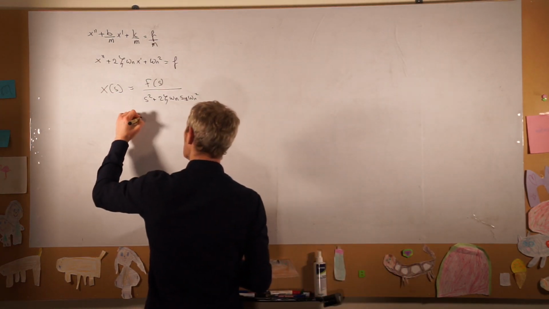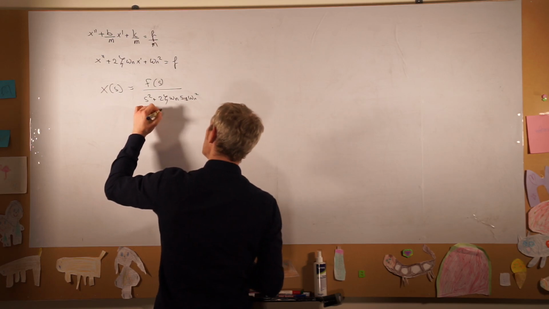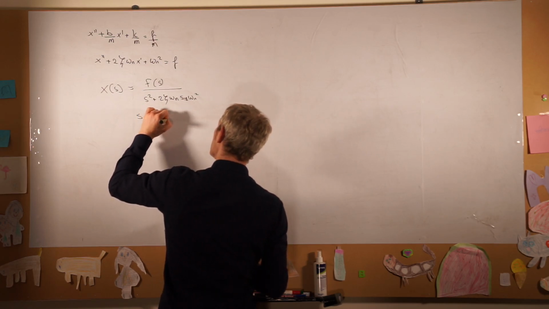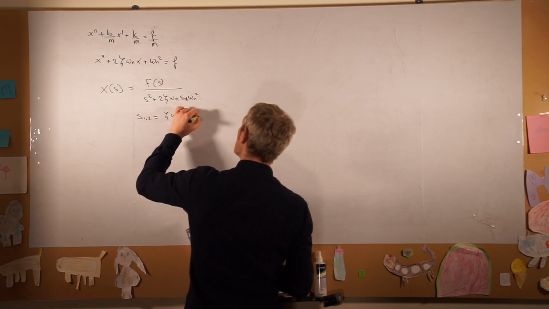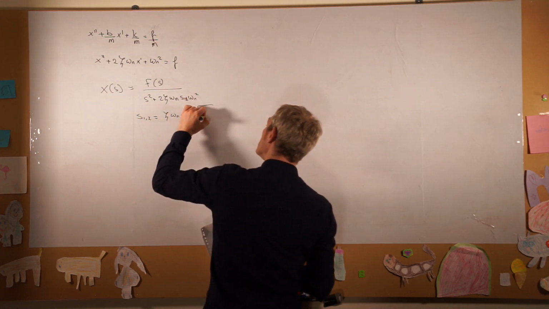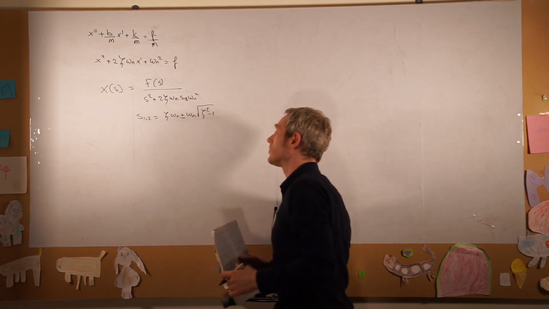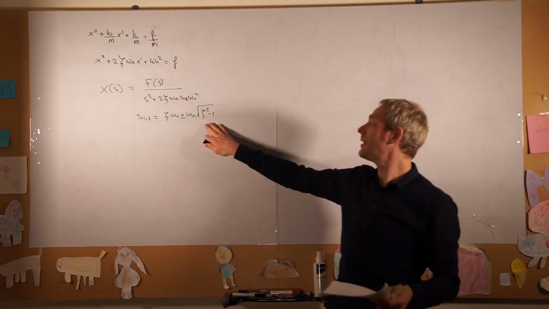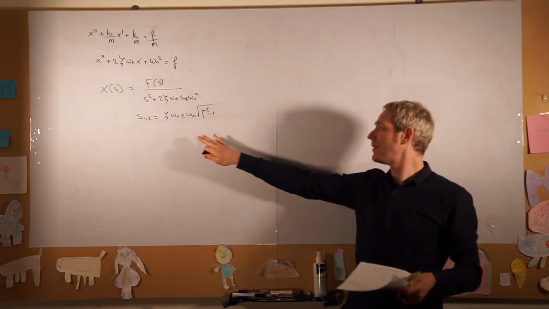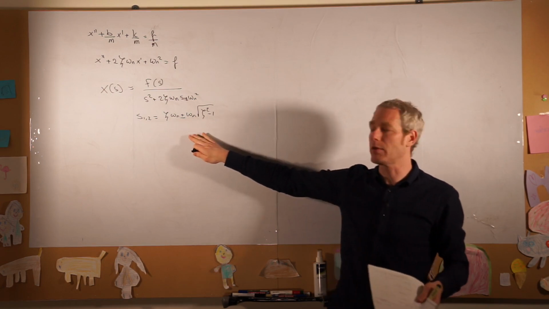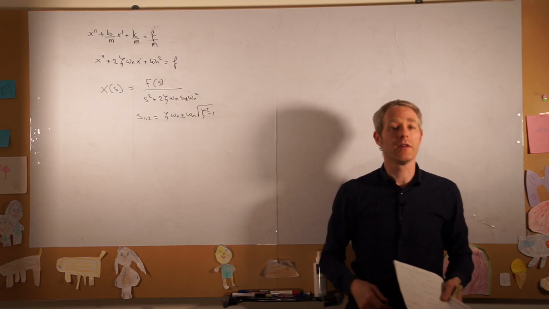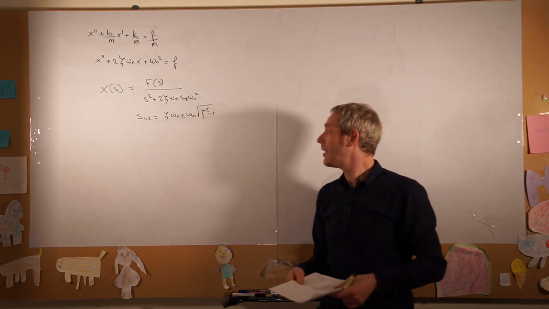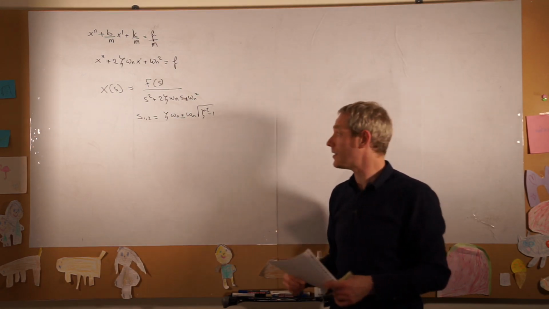We can write those out. s1, s2 is equal to minus zeta omega n plus or minus omega n times the square root of zeta squared minus 1. There are a couple of conditions which we'll go into in a minute, but depending on the value of zeta, the behavior changes.